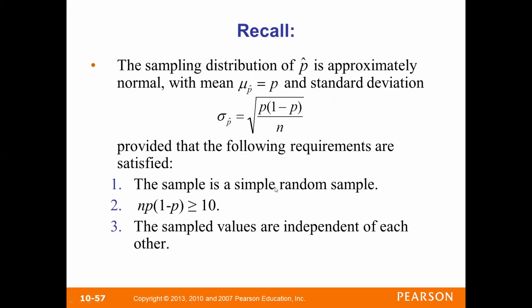We do need to verify that we did take a simple random sample, that we had less than 5% of the total population, and that n p times 1 minus p is bigger than or equal to 10.